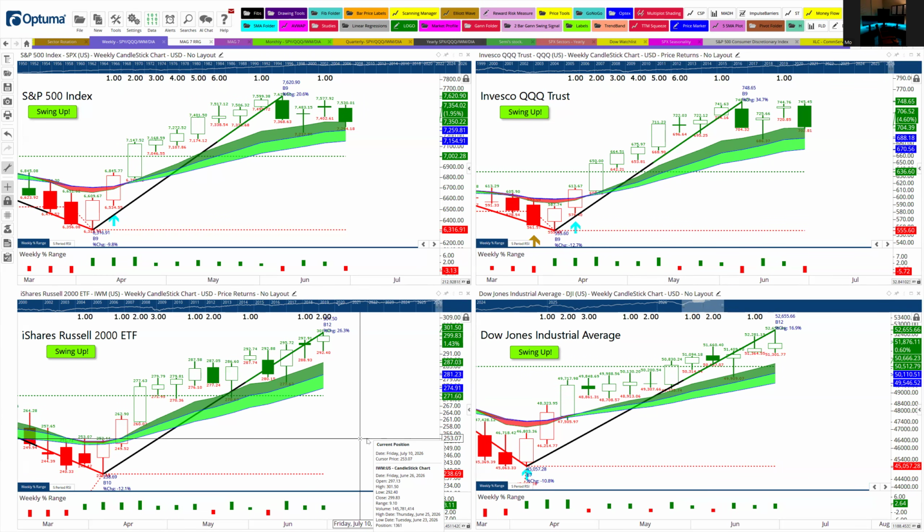There's a very mixed read here in the market. When you look at certain sectors, it looks like this entire market is about to roll over. But at the same time, there are a lot of pockets of strength in the market.